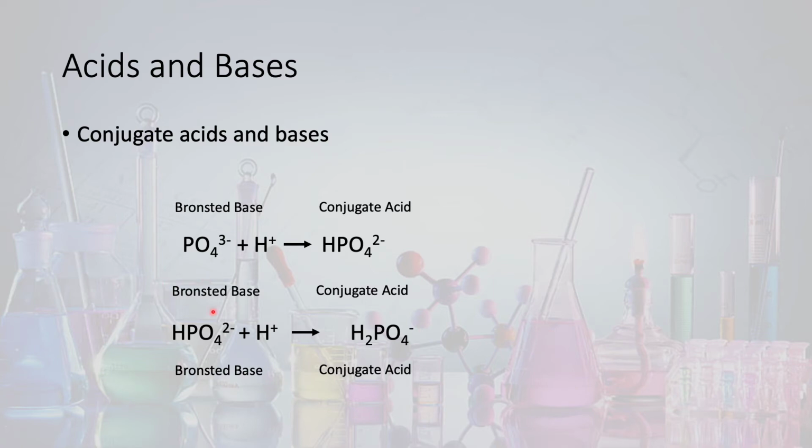Again, a Bronsted base with its conjugate acid pair. And lastly, H2PO4 negative in the right system and the right surroundings can pick up an additional hydrogen and protonate to become H3PO4. Again, remember, Bronsted base and its paired conjugate acid.